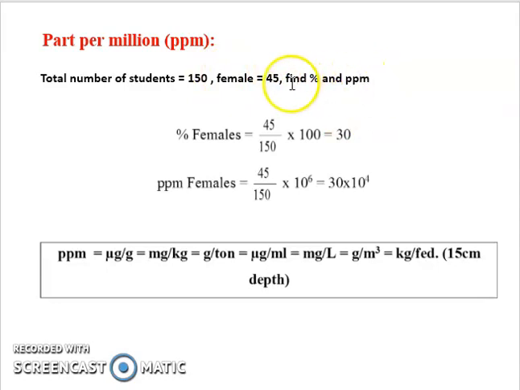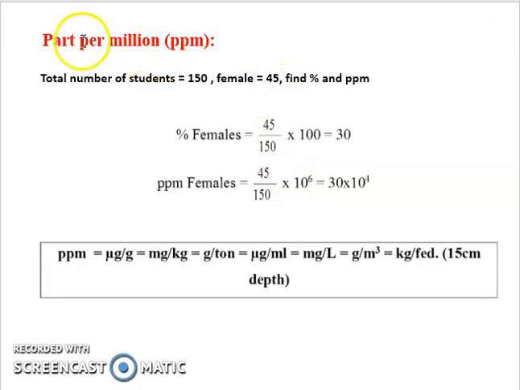To calculate the percentage, it's easy: you divide 45 over 150 and multiply by 100, so the percentage is 30. If you want to represent it as ppm female, then you have to multiply by 1 million.